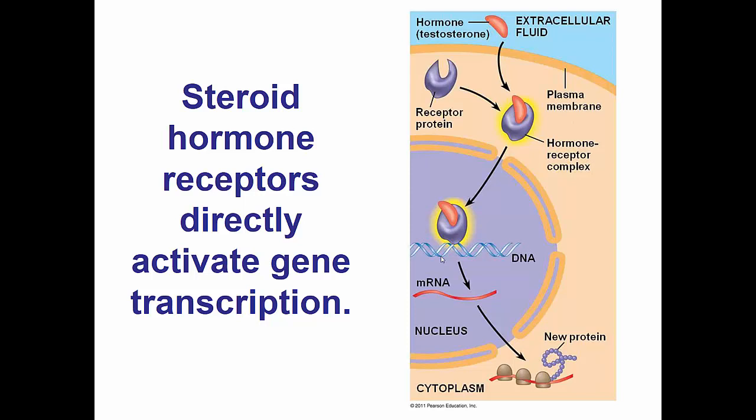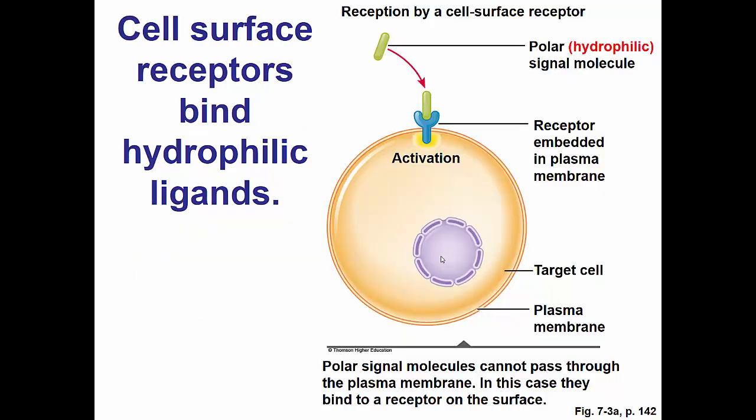The rest of this chapter will be focused on our cell surface receptors. So cell surface receptors, instead of binding hydrophobic ligands, they bind hydrophilic ligands. Because these ligands are hydrophilic, they cannot cross the plasma membrane unaided, meaning that they have to be recognized at the surface of the cell.